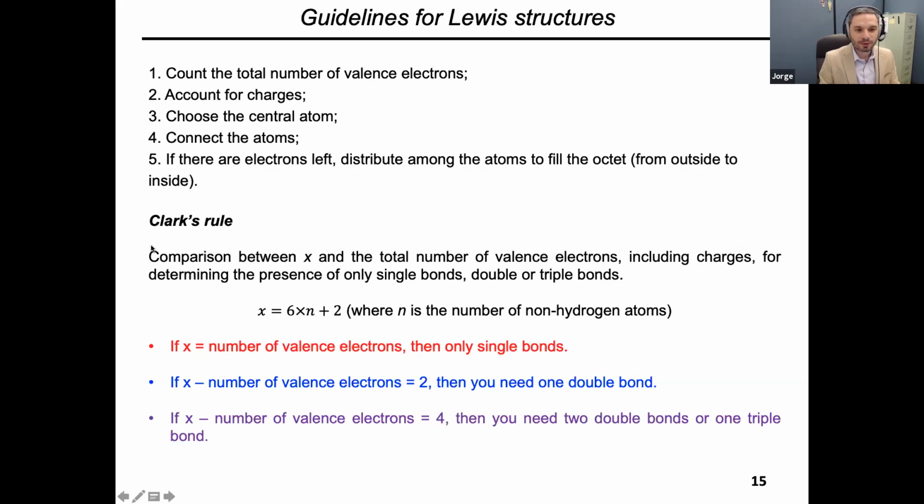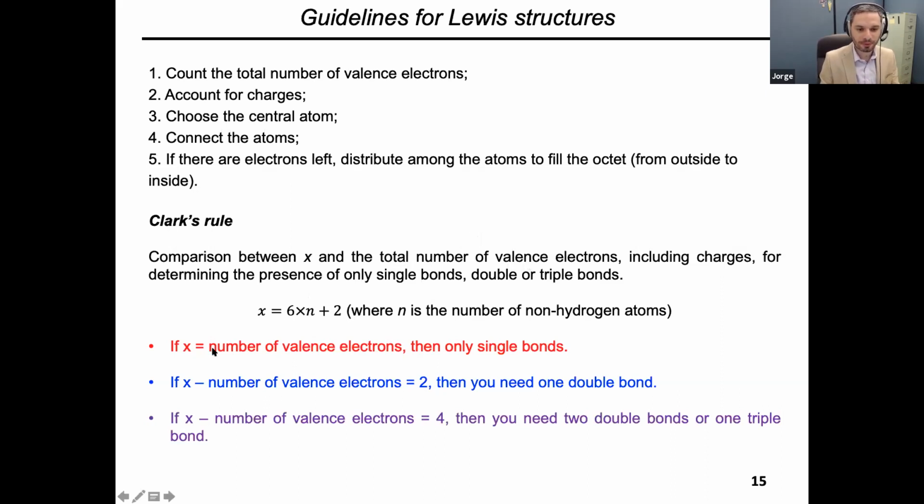For the Clark's rule, we are going to compare X and the total number of valence electrons, including charges. X is 6 times the number of non-hydrogen atoms plus 2. Okay. So we are going to compare X with the total number of valence electrons for the compound.